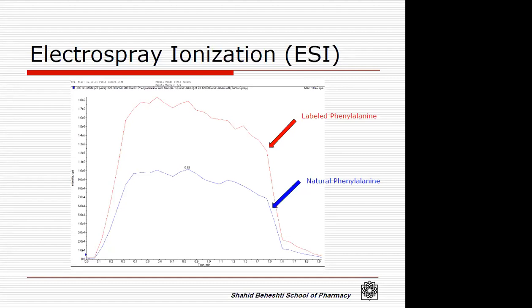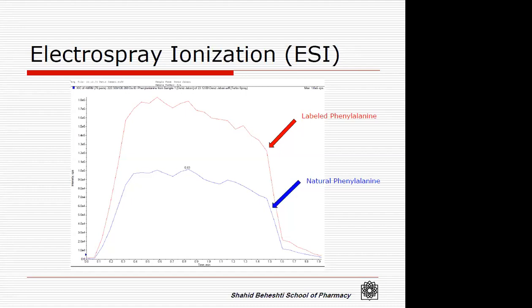When you inject the sample to the mass spectrometer, you get two signals, one for natural phenylalanine and the other for labeled phenylalanine. If the labeled phenylalanine is higher and its area under the curve is larger than natural phenylalanine, the phenylalanine has not reached the pathological level, and this is a healthy baby.